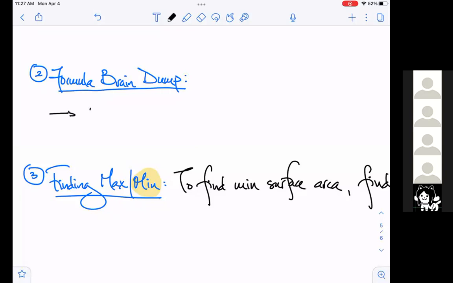All right, so maybe surface area of a cylinder, right? And we have 2 circles. This is what I think, Enrique, you were talking about. We have 2 circles plus 1 rectangle, right? 2 circles plus 1 rectangle.